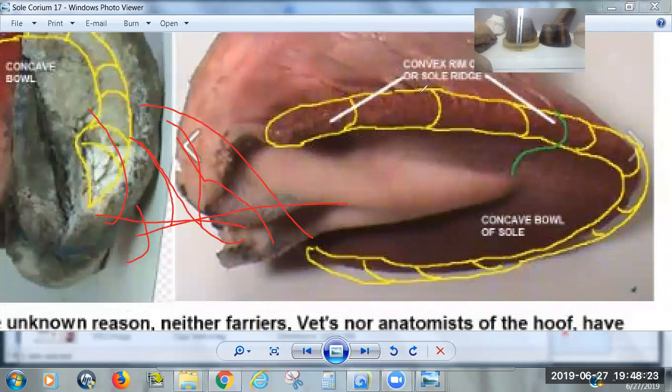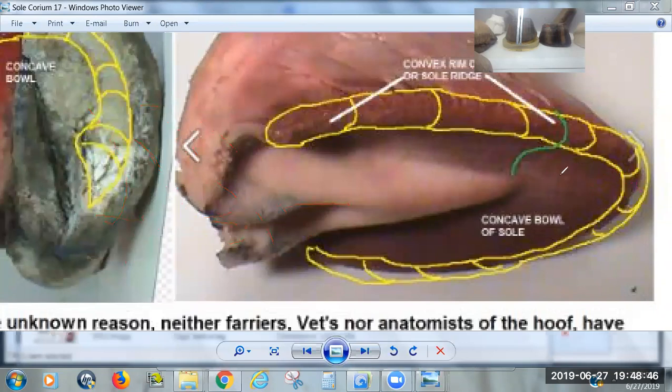So because this sole corium, okay, now I'm always saying the sole is not concave. They always try and make you think that the sole is just concave. If you have good concavity, that's the big deal, right?